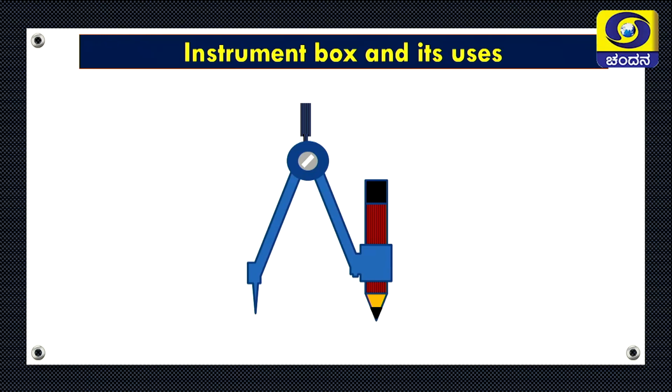The distance between the pencil and the pointer is adjustable. It is used to trace arcs, circles and angles. It is also used to mark equal lengths. Compass is one of the mathematical tools which is used to draw a geometrical figure such as a circle, and it is also used in the intersection of line segments.